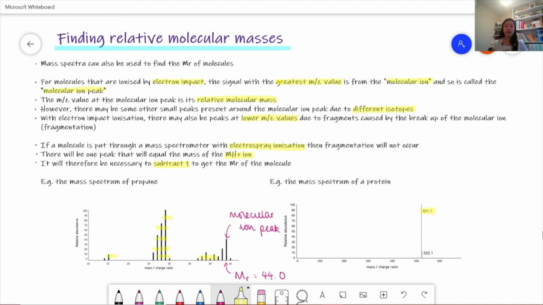The Mr is equal to 521.1 minus 1, which gives us 520.1. The small peak here at 522.1 is due to MH+ ions which contain one atom of carbon-13 or hydrogen-2, and that's why they have a mass to charge ratio of 1 higher than the 521.1.